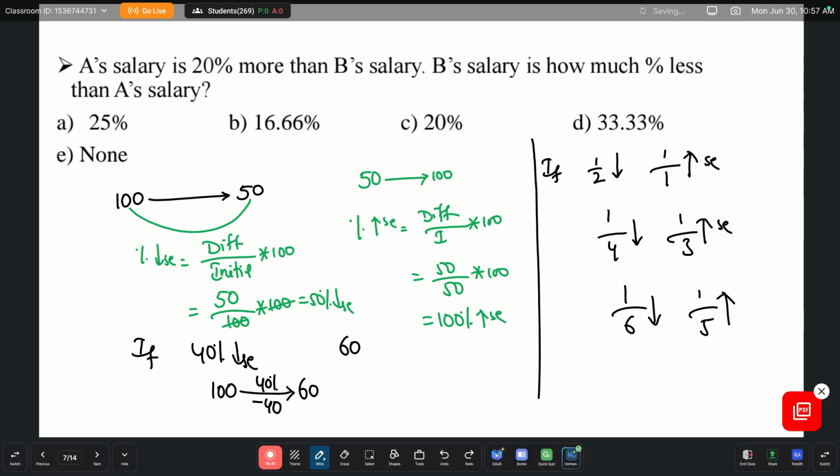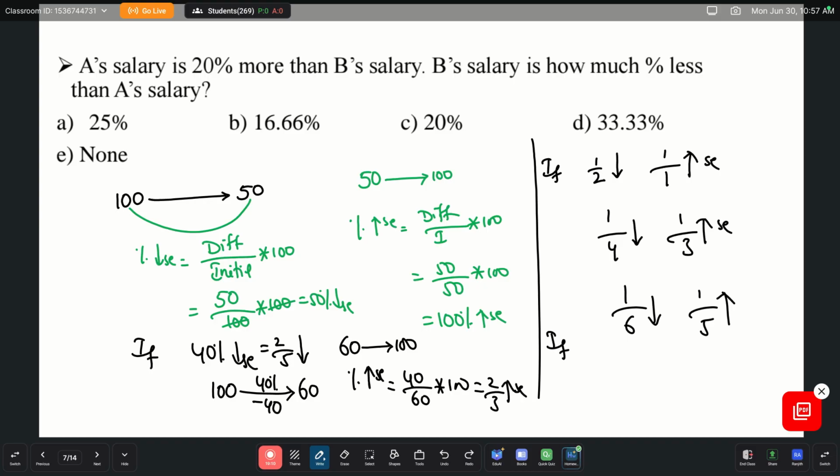To restore the same value, how much percentage we need to increase? 60 to 100 will be percentage increase. That will be equal to, what is the difference? 40 by 60 into 100. So percentage decrease equals 2 by 5. 2 by 5 is decrease, 2 by 3 has to be increase.